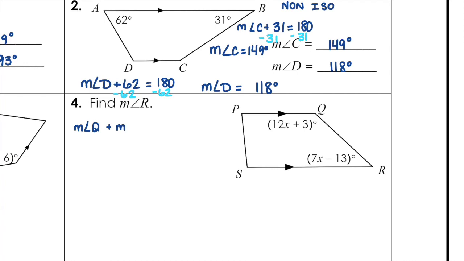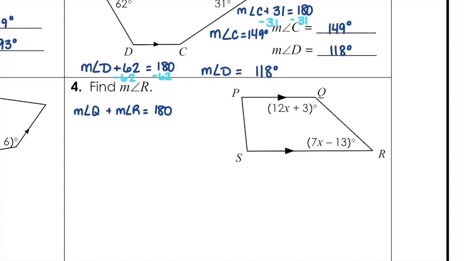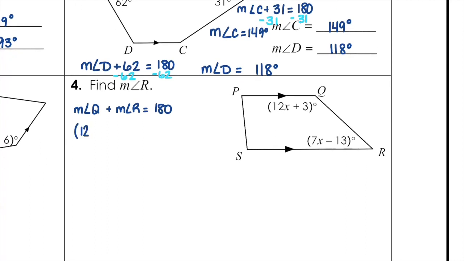So we know the measure of Q plus the measure of R equals 180, because in a trapezoid, my leg angles are supplementary. So Q plus R equals 180. We substitute who we know: 12x plus 3, 7x minus 13.